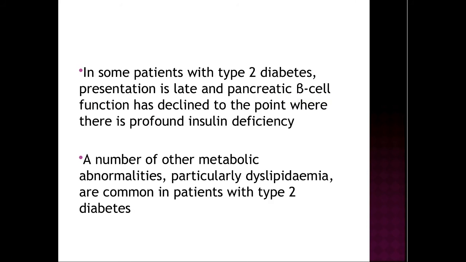In some patients with second type diabetes, presentation is late and pancreatic beta islet function has declined to the point where there is profound insulin deficiency. A number of other metabolic abnormalities typical for second type diabetes mellitus, particularly dyslipidemia, are common in patients with the second form.